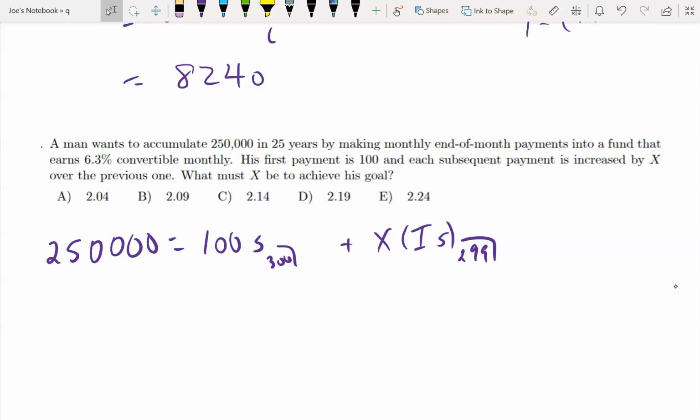So the first payment is 100, and then each one after that is increased by X over the previous one? Mm-hmm. Just X more than the previous one? X more than, yeah. I would have read it like that, I would have got it. Sorry. I thought it was like X, or like the payment plus X over the previous payment. Oh, that's weird. Yeah. That's how it reads.